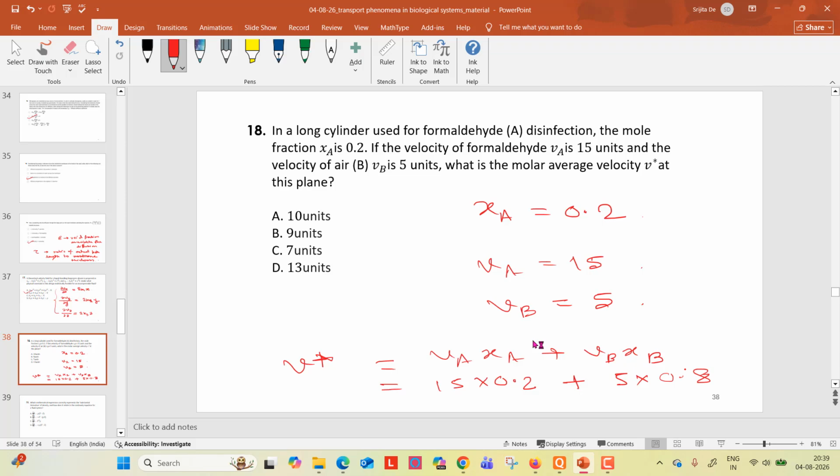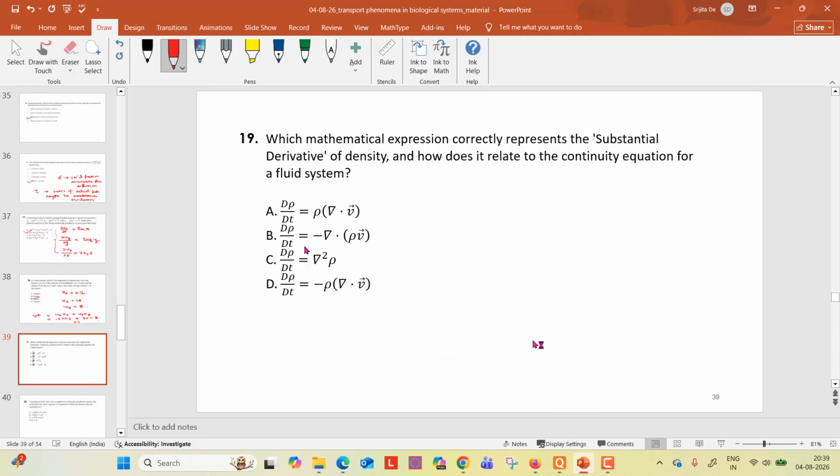So it is 15 into 0.2 plus 5 into 0.8. That is coming as total 7. The answer is 7 units.